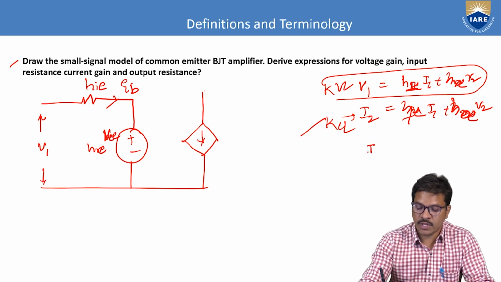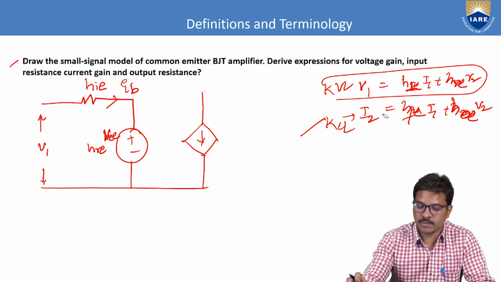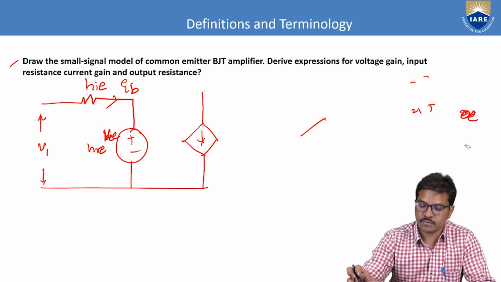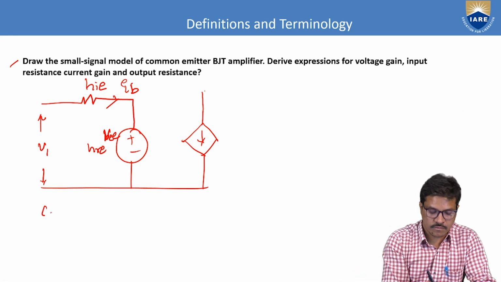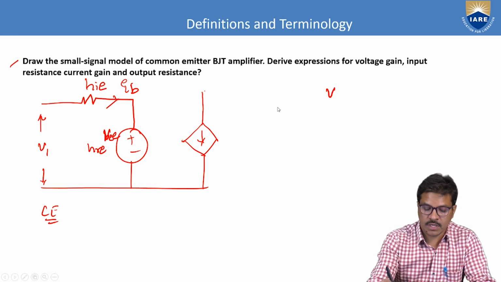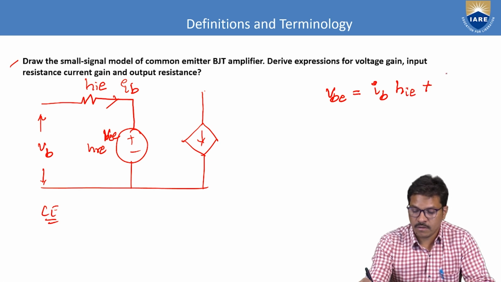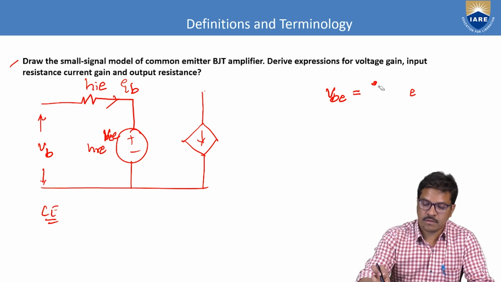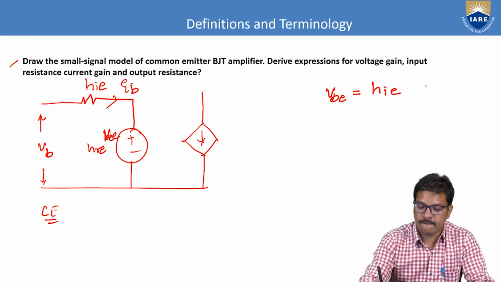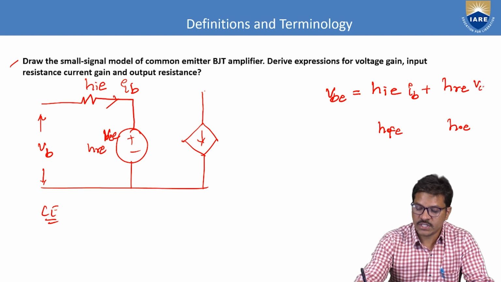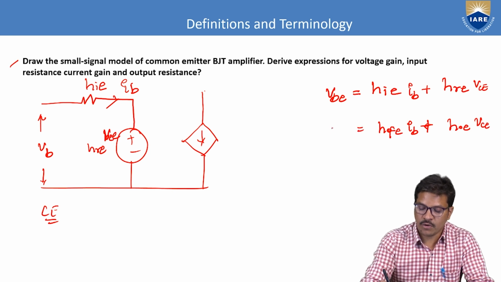For the common emitter, these two equations become: V1, which is nothing but VB, is equal to HIE IB plus HRE VCE. And I2, which is nothing but IC, is equal to HFE IB plus HOE VCE.